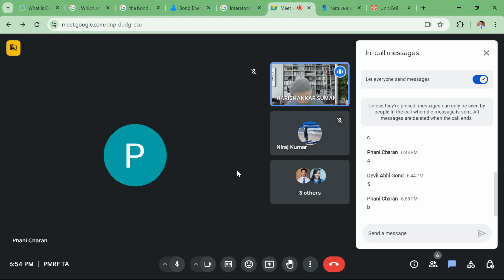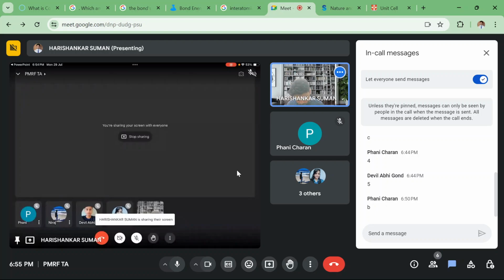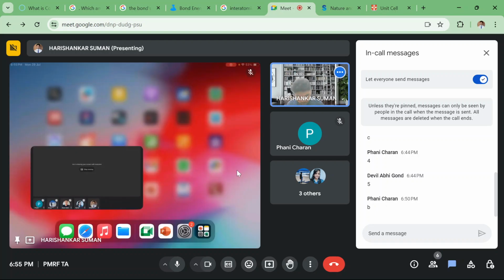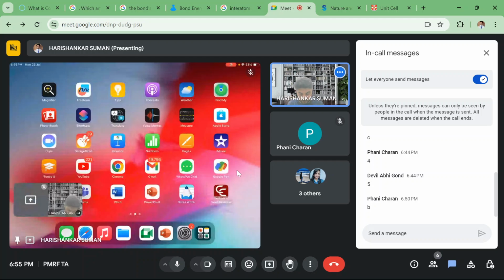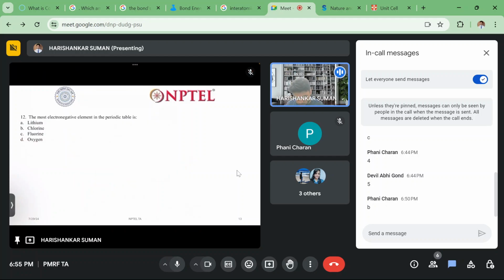So let's go for the next question. The most electronegative element in the periodic table. Please answer. This is a simple question, I think.